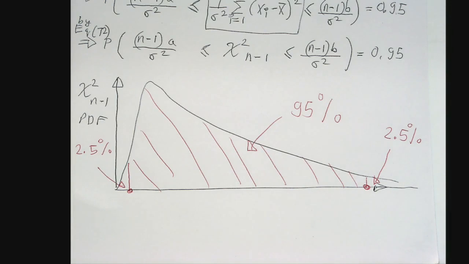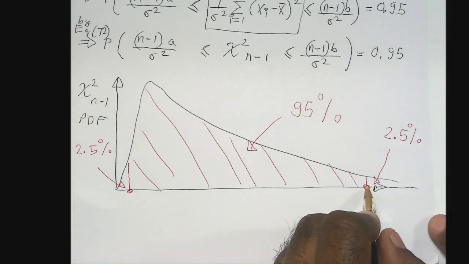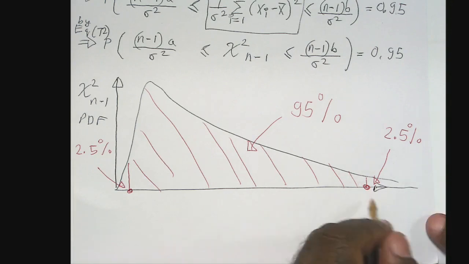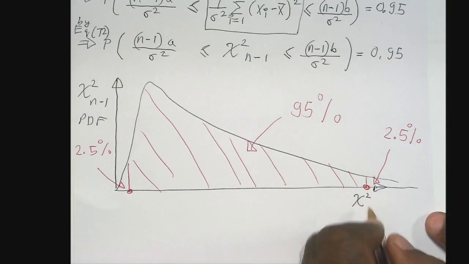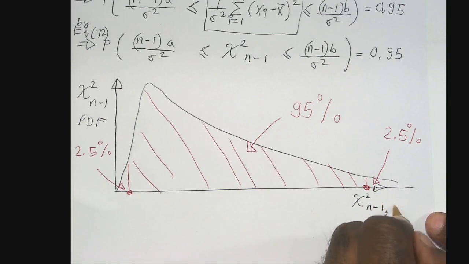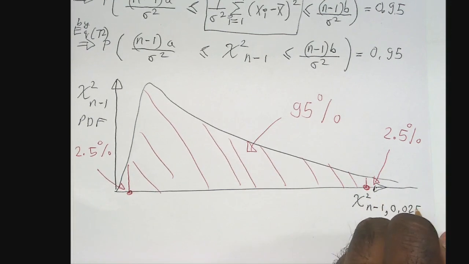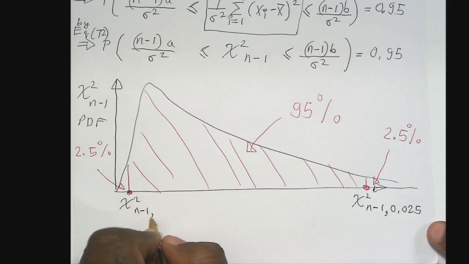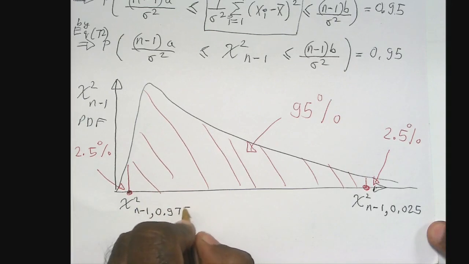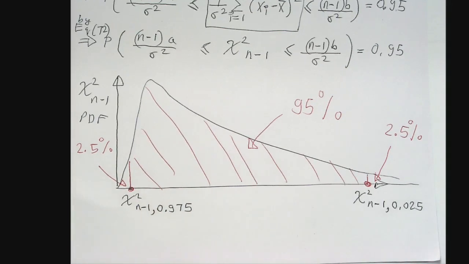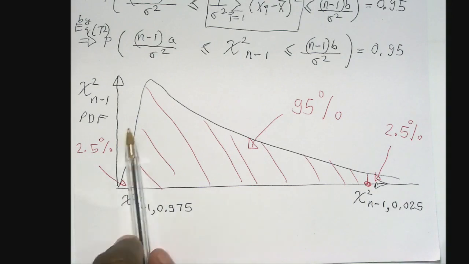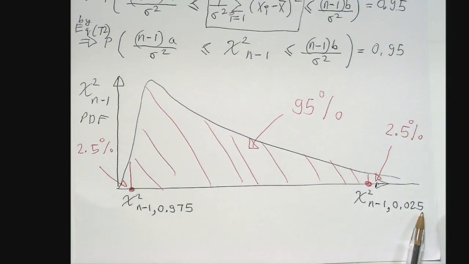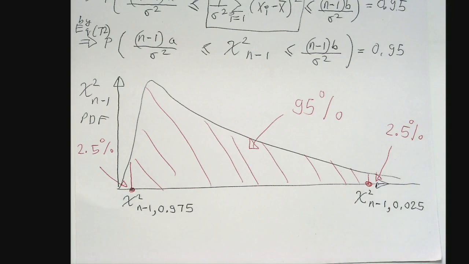Now, if this is 2.5%, then this point must be the chi-squared percentile at 0.025, and this point must be the percentile corresponding to the probability 0.975, because 97.5% is this area and 2.5% is this area.